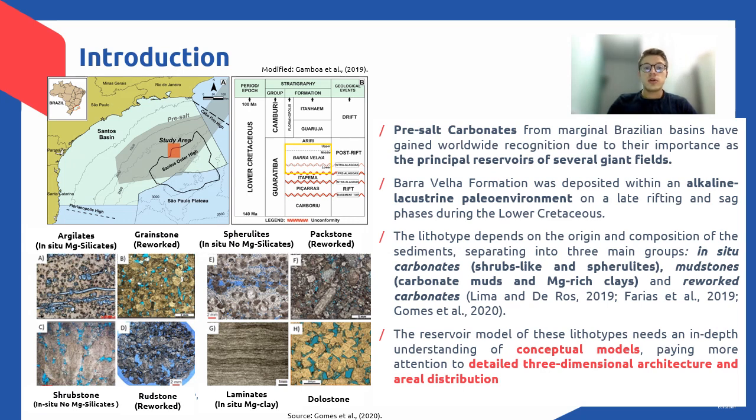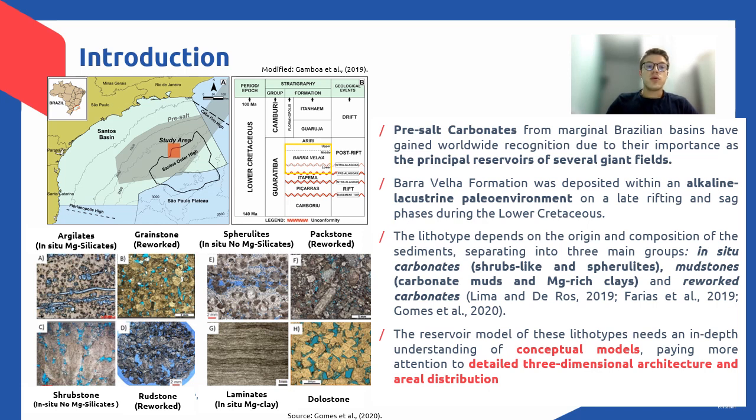As an introduction, presal carbonates from the marginal Brazilian basins, in this case Santos Basin, have gained worldwide recognition due to their importance as the principal reservoirs of several giant fields.